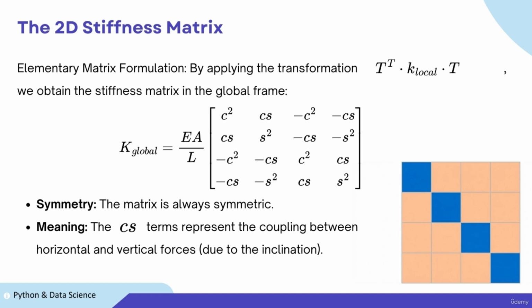The global stiffness matrix for a truss element is a 4x4 symmetric matrix. Let's look at the pattern in the first quadrant. Row 1 is C squared and C times S. Row 2 is C times S and S squared. This pattern repeats with negative signs in the other quadrants. This matrix is the heart of our Python code.